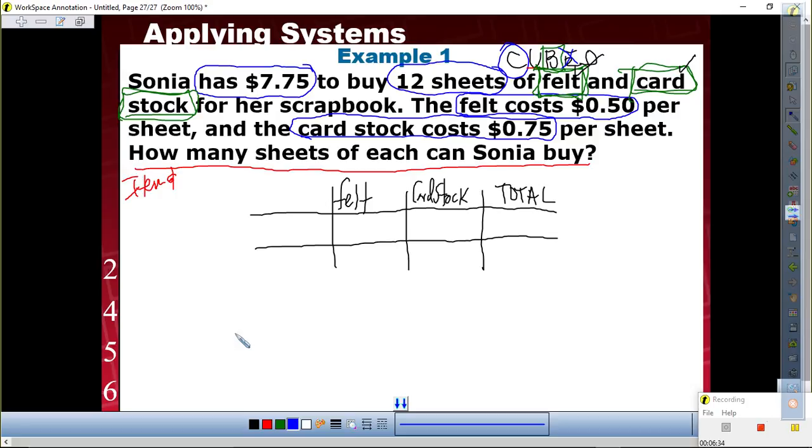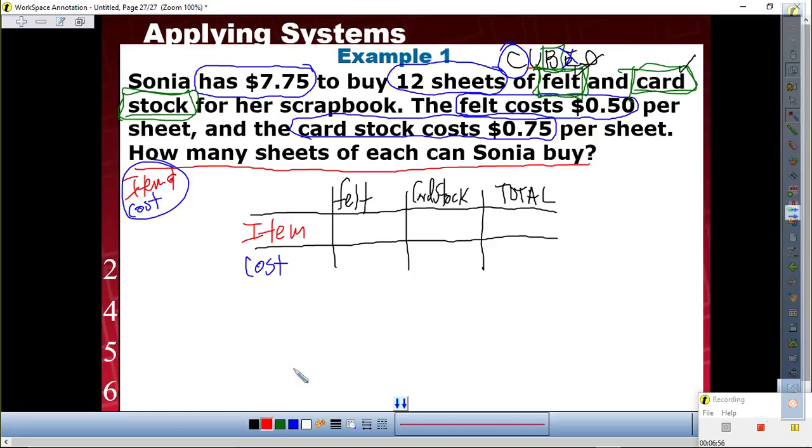What is it? Money. That is correct. And that's what we call cost. So this problem is called an item and cost problem, which means we're going to label the first row item, and the second row we're going to label that cost.